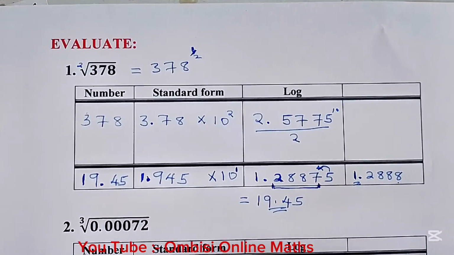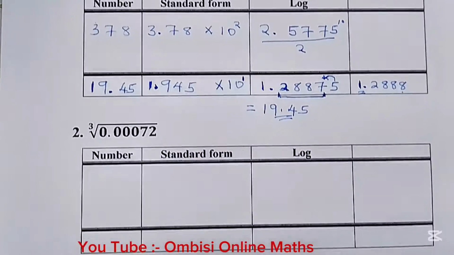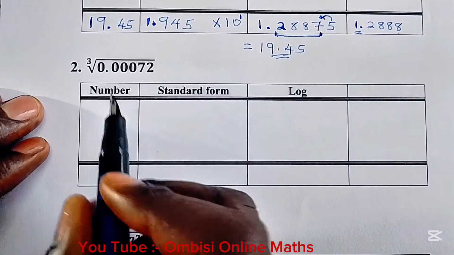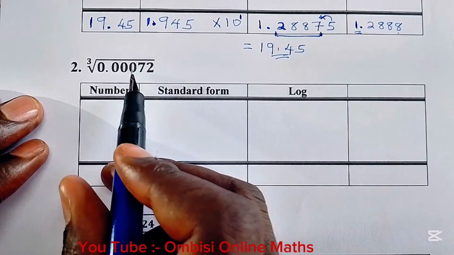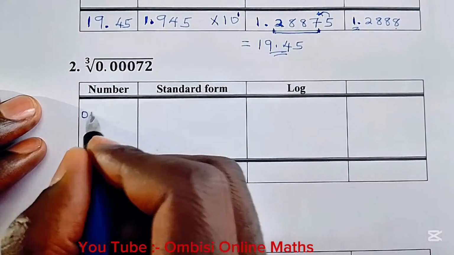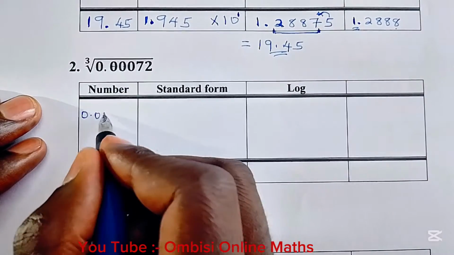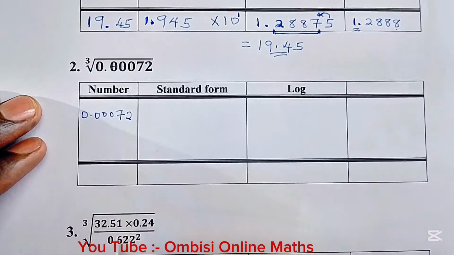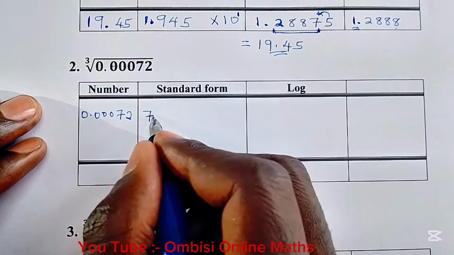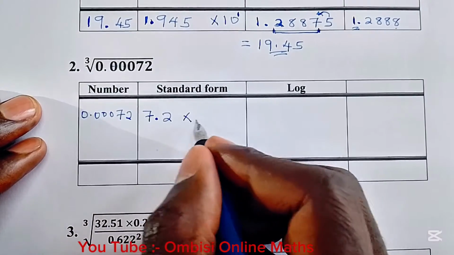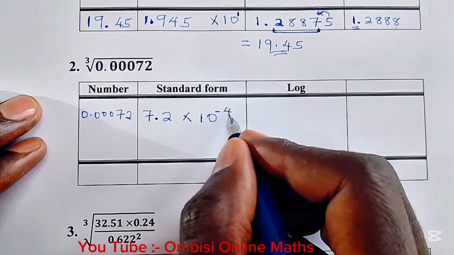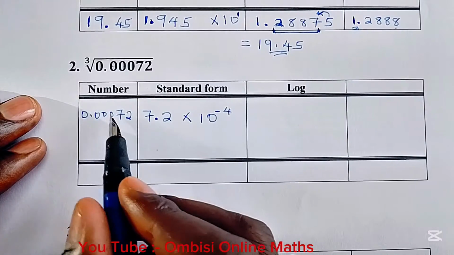We can move ahead and attempt to do one under a cube root. Cube root of 0.00072. So the number that you have can be written in standard form as 7.2 times 10 raised to -4, because the decimal point moves 4 steps.